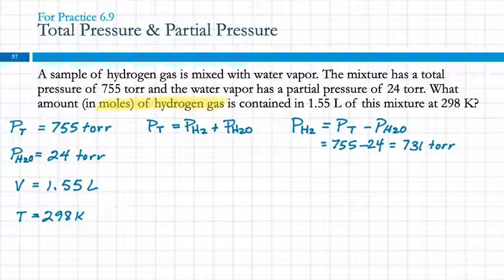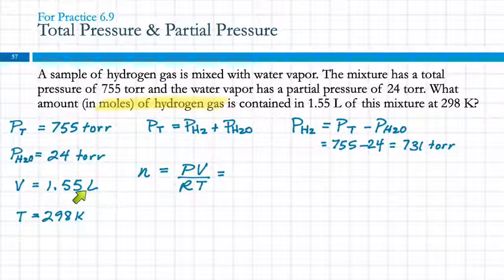We've rearranged this to solve for moles before, so I'm not going to go over that again. But the number of moles is P times V over R times T. And we've got the ideal gas constant in here, and so that dictates what the units have to be. Has to be atmospheres, liters, moles, and Kelvin.